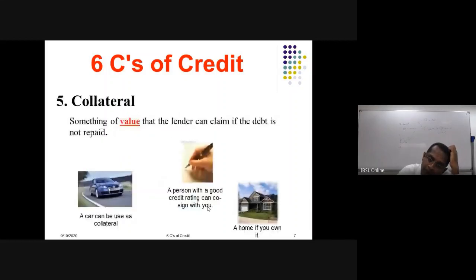Then fifth, C, that is the collateral or the security. Worst case scenario, we also need to collect our money. So that is the second way out.